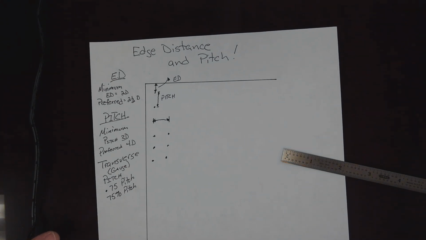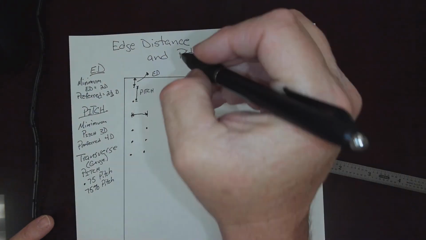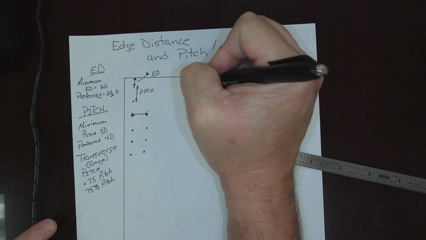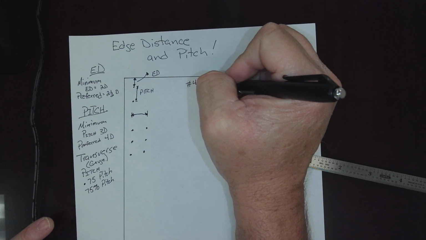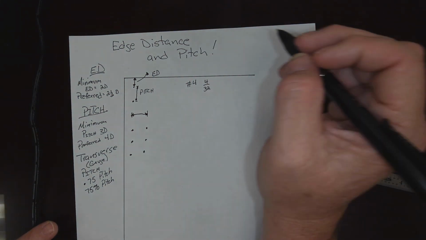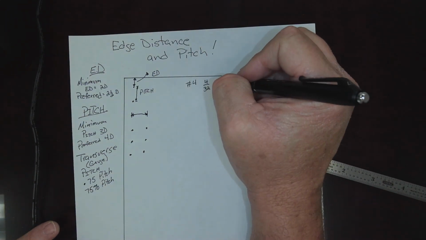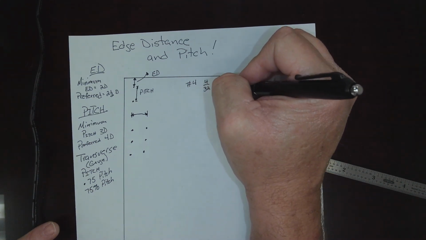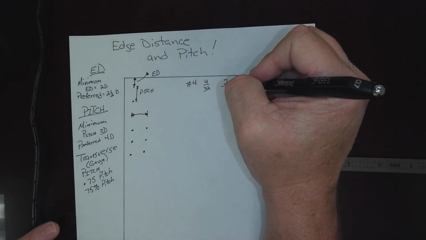Now, I'm going to give you some examples. Let's solve for ED using a number 4 rivet. A 4 is 4/32 because remember, all rivet diameters are measured in 32nds. If we have our minimum of 2D, that would be 2, and if it's a whole number, it's always assumed to be over 1, but I like to write it in to keep my stuff neat.